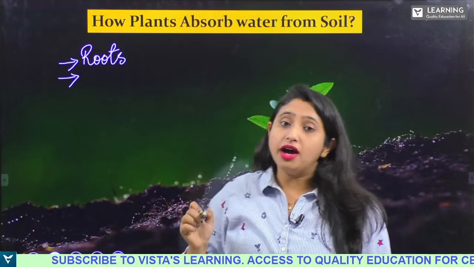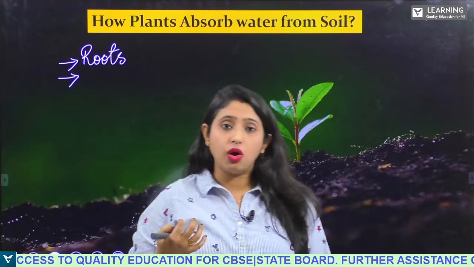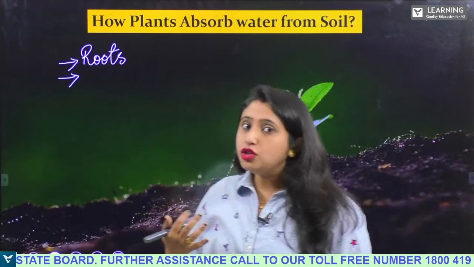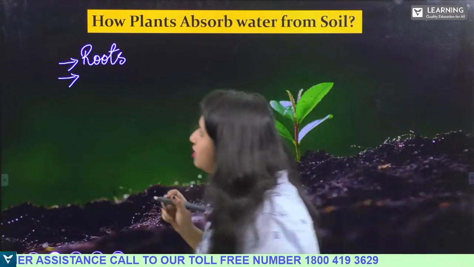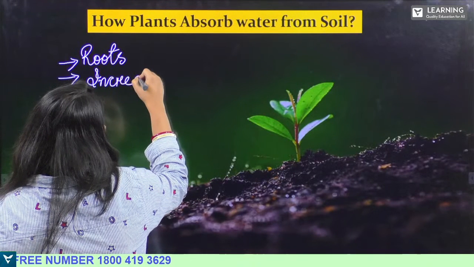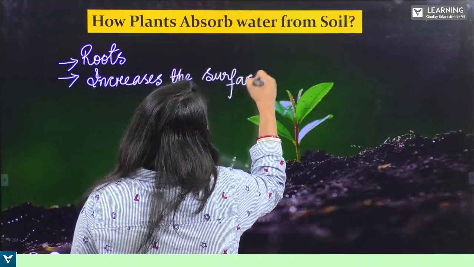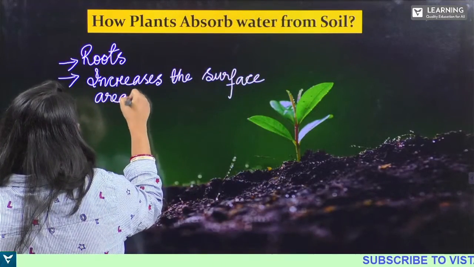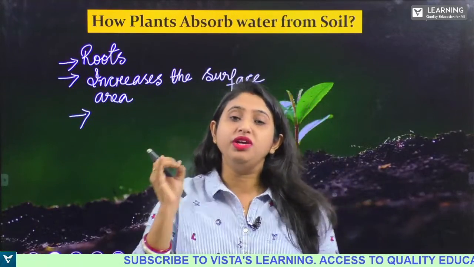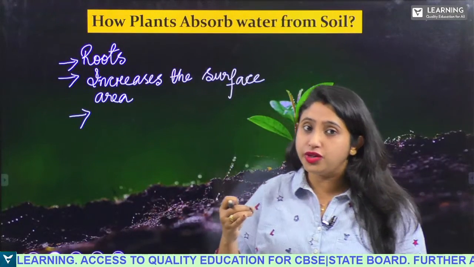Along with the water, the plants also absorb various mineral nutrients, the ions which are present in the soil, and these need to be transported to various parts of the plant. So the root increases the surface area. In the roots, there are millions and millions of root hairs, and these root hairs increase the surface area.